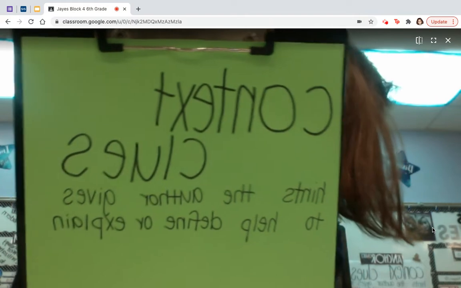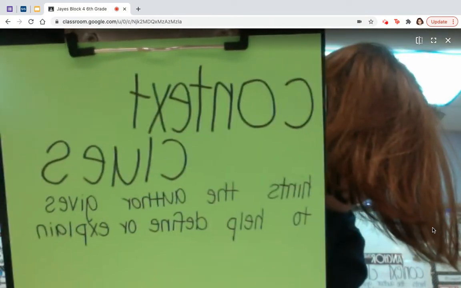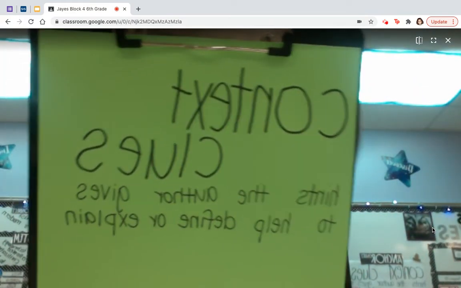Context clues are hints the author gives to help define or explain.